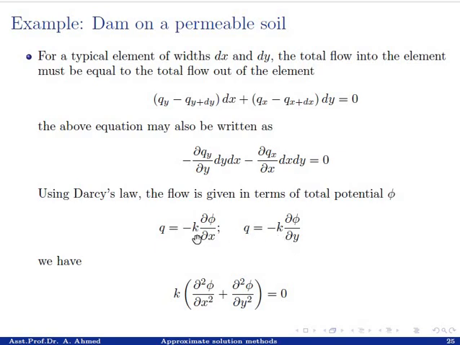Now incorporating these definitions of Qx and Qy into the above equation, I'll get this as the differential equation which governs the equilibrium requirement of that differential element, or equilibrium of the seepage flow from that differential element.